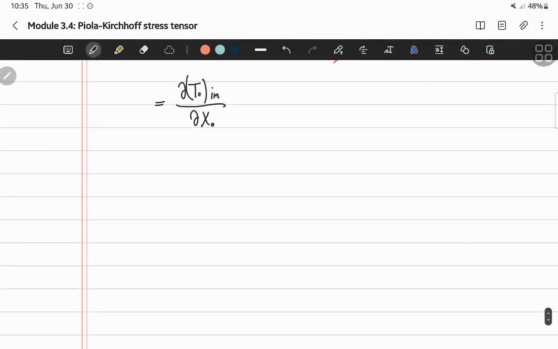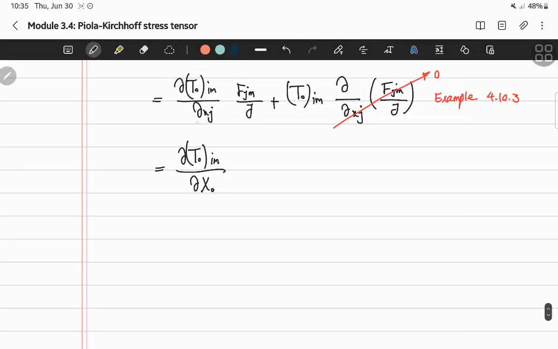So based on this, I'm going to rewrite this expression as the partial derivative of xn.